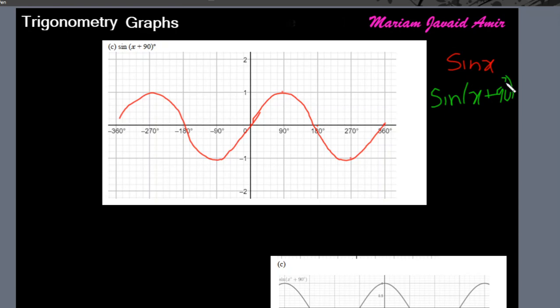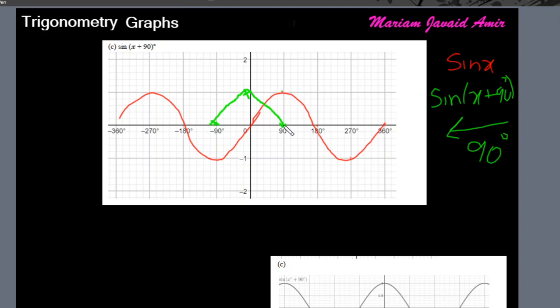Plus 90 degrees means I have to shift the graph 90 degrees to the left. So shift it 90 degrees to the left. So now this will fall here. This will fall 90 degrees to the left. This will fall 90 degrees to the left. So we're getting a graph like this.